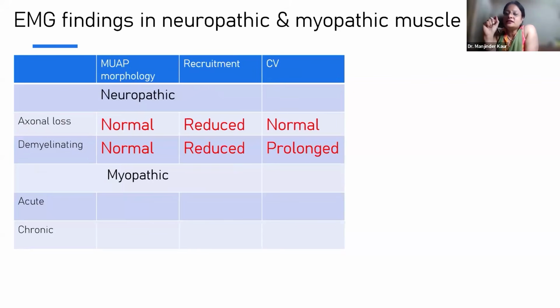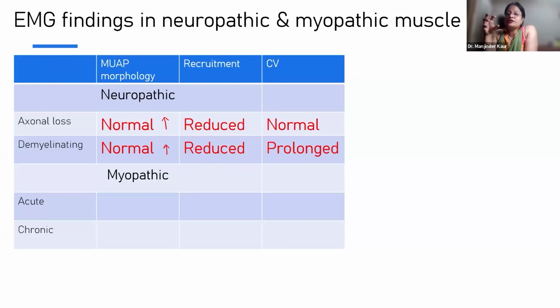This means once the nerve is able to stimulate the muscle, the motor unit action potential will be normal because the muscle is normal. It may even be increased, as the muscle will be trying to compensate, right? And the recruitment is reduced.